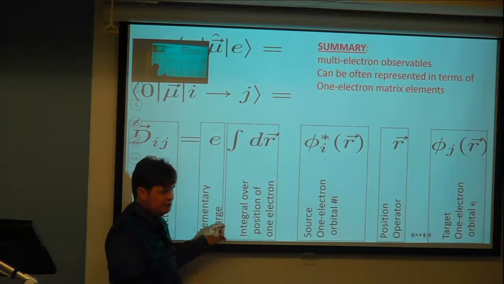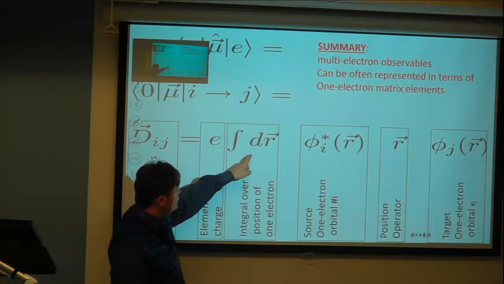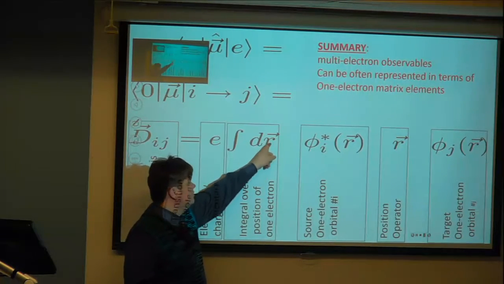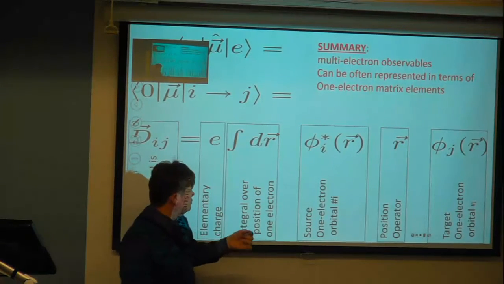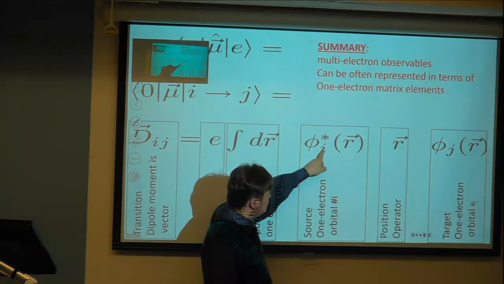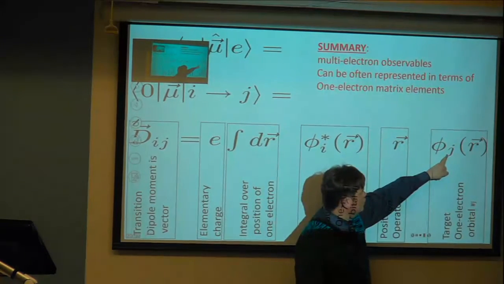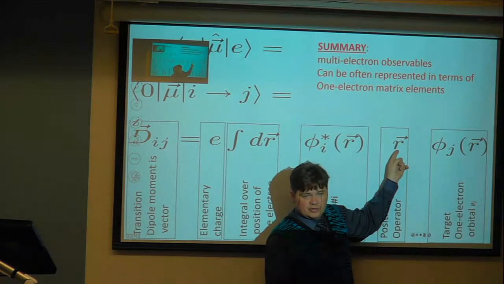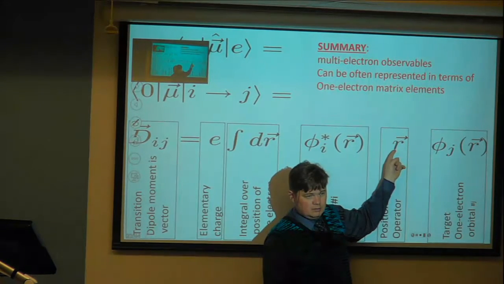Because we deal with one electron, then in integration over only one electron degree of freedom, it is a vector because the electron is three-dimensional. Then the source orbital, where the electron comes from, the target orbital, where the electron jumps to, for example, it can be HOMO and LUMO, and the position operator, the position vector.